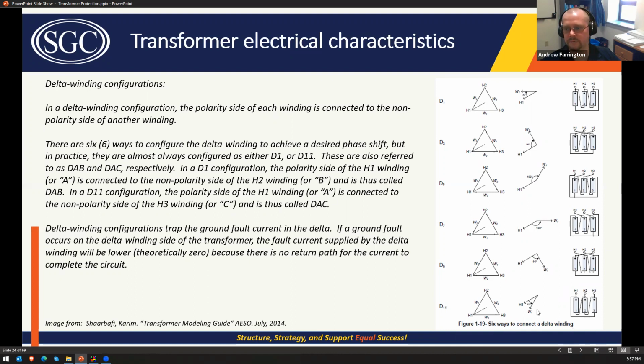And if for some reason you're looking at a drawing that doesn't have a vector diagram on it, you can tell whether it's D1, meaning the Y voltage will lag by 30 degrees, or if it's D11, meaning the Y voltage will lead by 30 degrees, based on how the windings are connected.